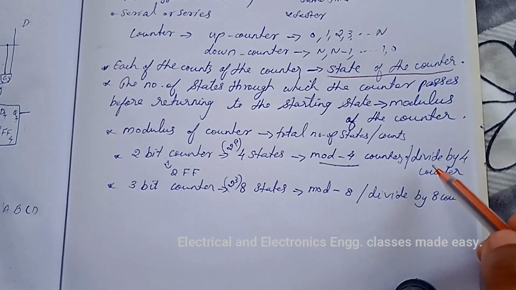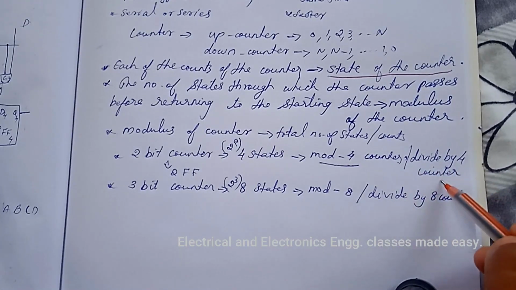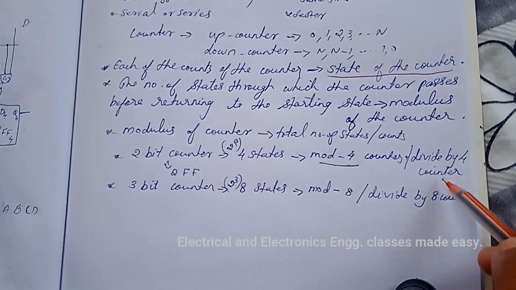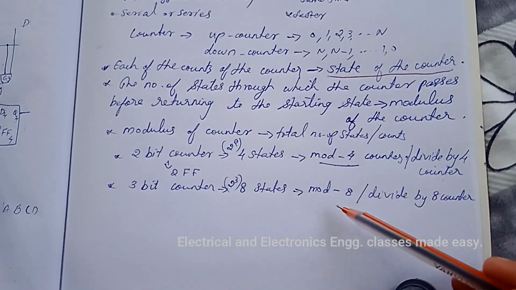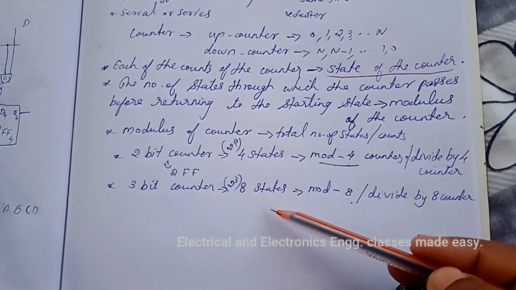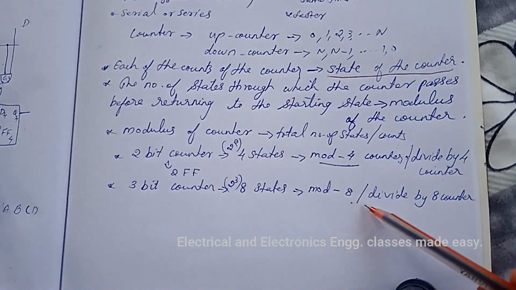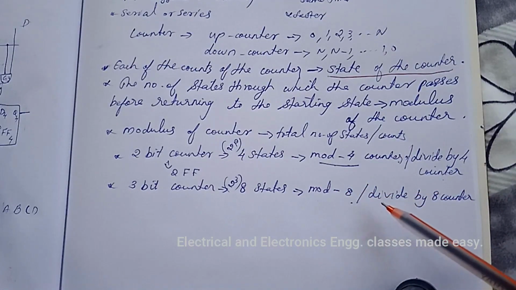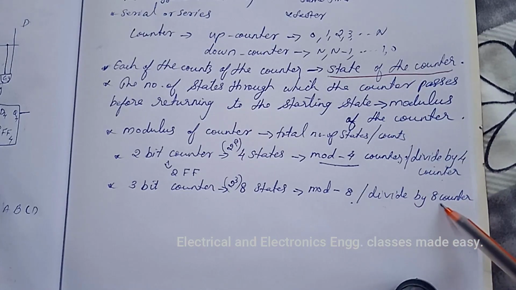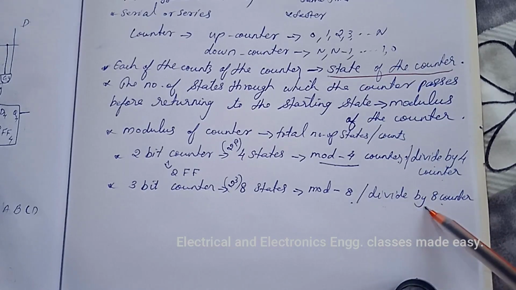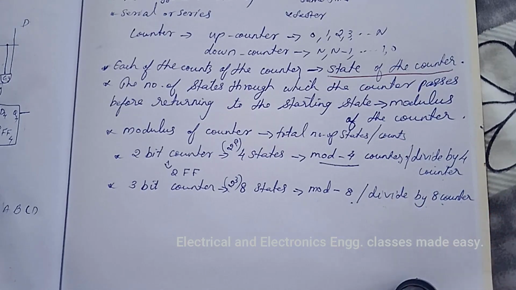Hence, it is called a divide by 4 counter. Also, in the case of a 3-bit counter, that is a mod 8 counter, it divides the input clock frequency by 8. So, it is called a divide by 8 counter.